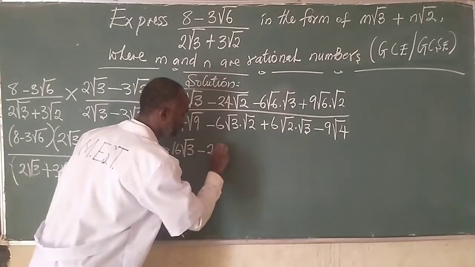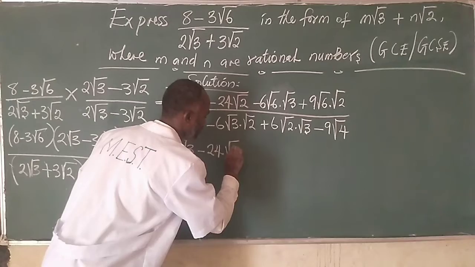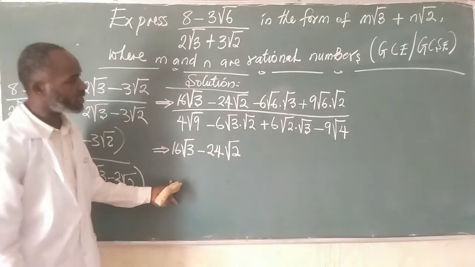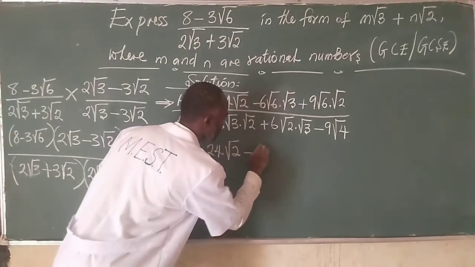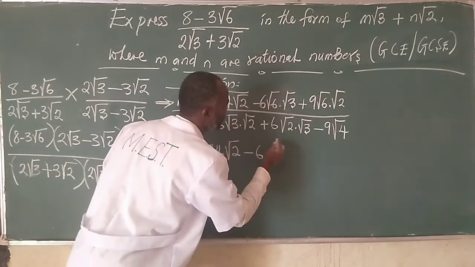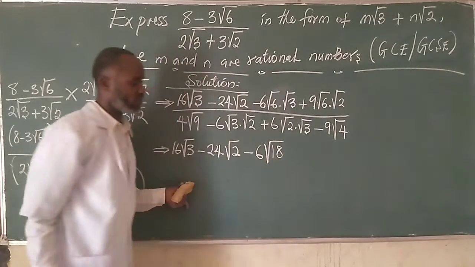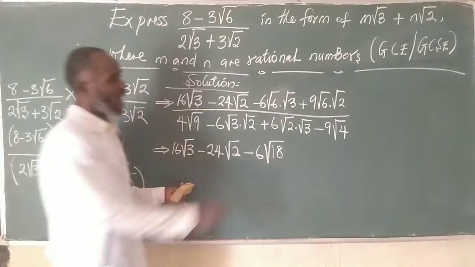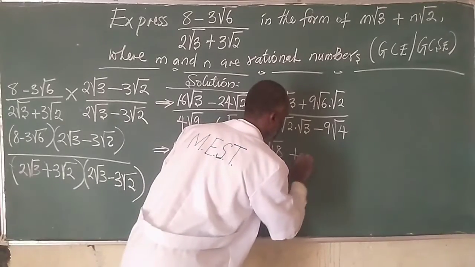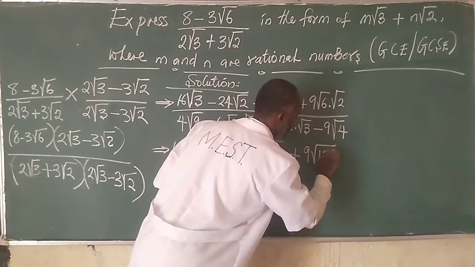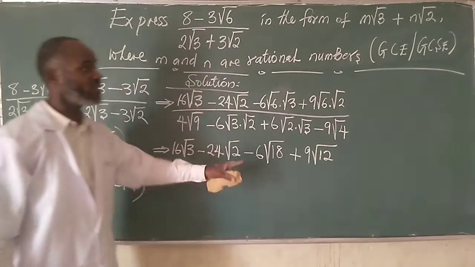What happens here is very important. What happens here is minus 6, this times this is going to be root 18. And then what happens here is going to be plus 9 square root 12. It's very interesting.